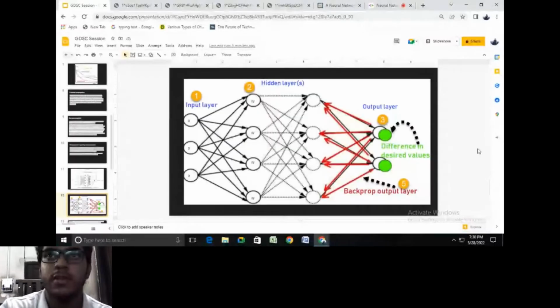So we take account of the loss here, and then we propagate the loss with the help of the gradient descent and back propagation algorithms right through the hidden layers till the input layer. In this back propagation process, we update the weights so that in the next iteration we can get an output which is closer to what we might expect from the model.